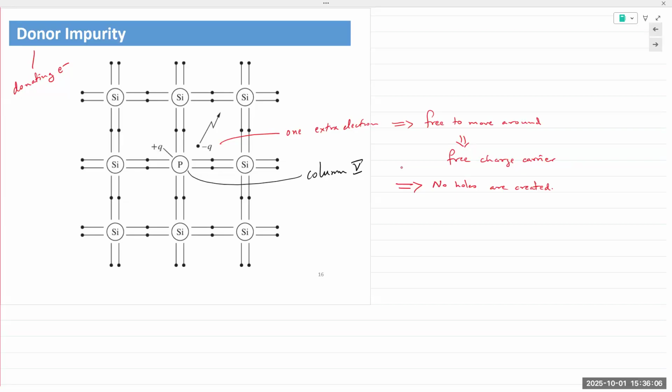So a donor atom or a donor impurity is a positively charged ionized atom. It has lost one electron, meaning it is now left positively charged. So donor impurities are positive ions.